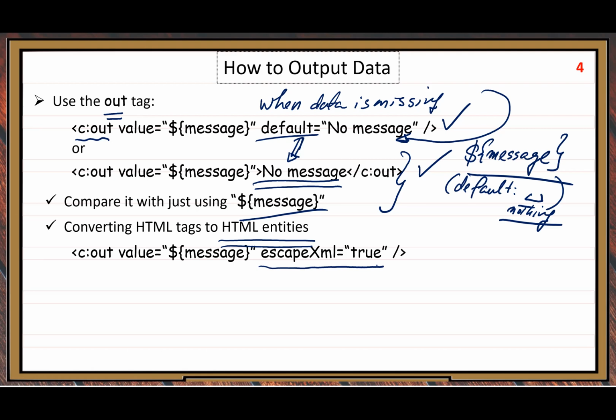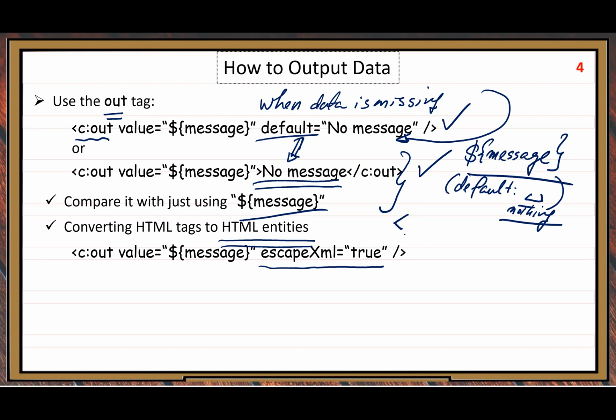Escape XML. HTML, we know, has a lot of overlap with XML. Here it's called escapeXml. That means you should not interpret special symbols as XML content, though our interest here is in the HTML content. Let me give you an example. Look at this symbol, the less than sign.